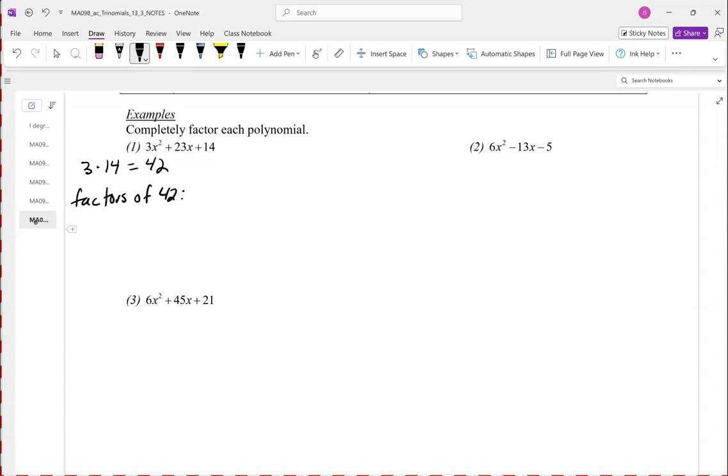What works for that? In general, we would have 1 and 42, 2 and 21, 3 and 14, 4 doesn't work, 5 doesn't work, but 6 and 7 work for factors.